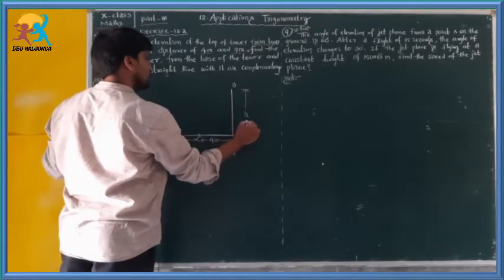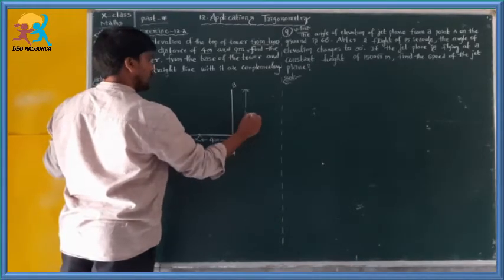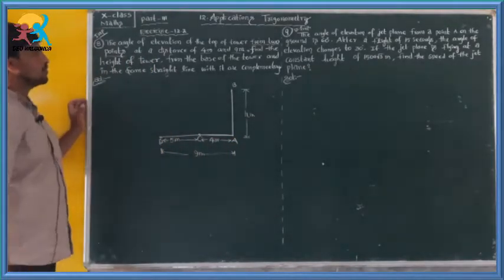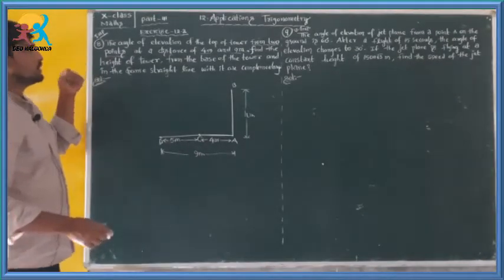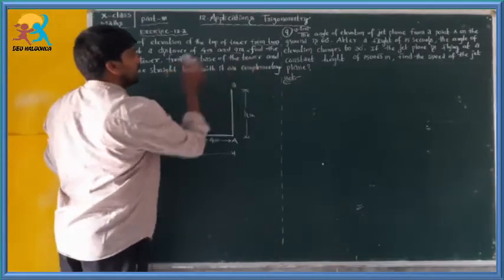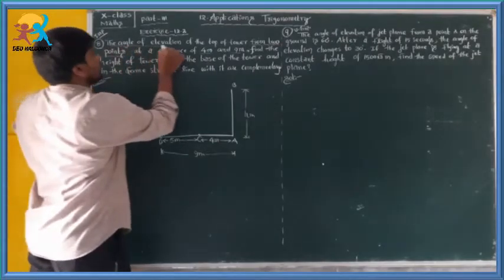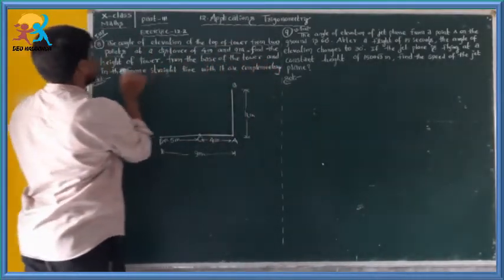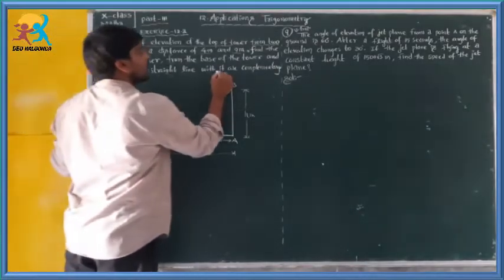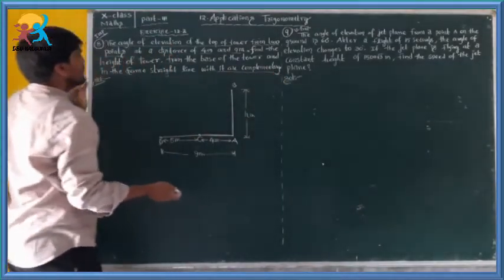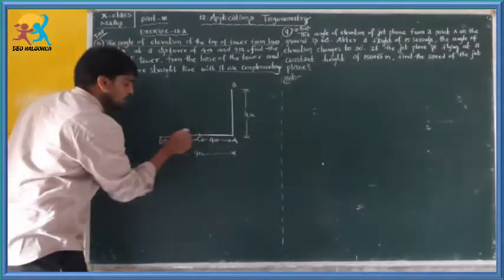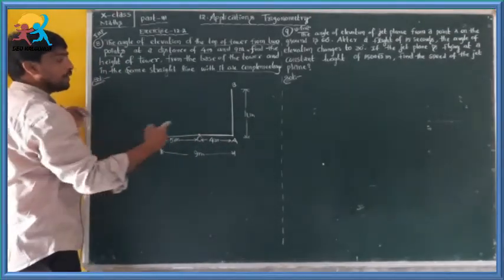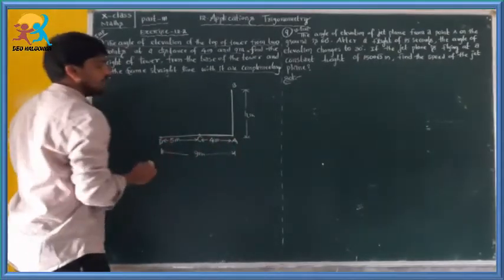Let us denote it by H meters, as these distances are given in meters. The angles of elevation of the top of the tower from these 2 points, in the same straight line with the base, are complementary.